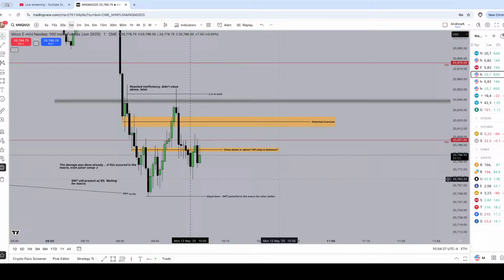So now we're just waiting. It's a waiting game at this point. I'm still looking for those lows potentially. I think that would really get out the longs, get the longs out and start pushing higher after that.